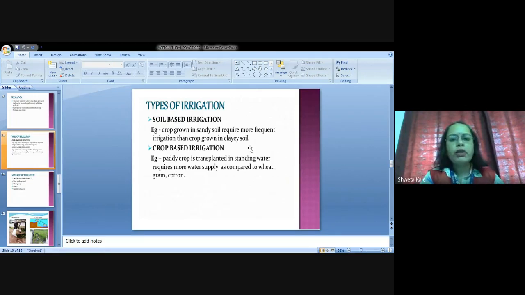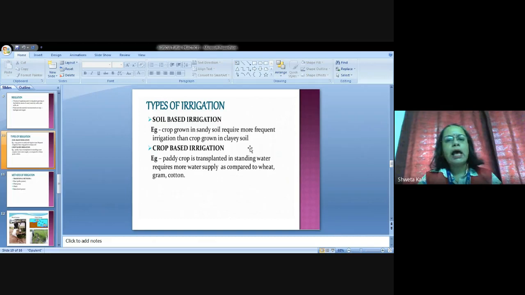The types of irrigation depend on the quality of the soil as well as the quality of the crop. Soil based irrigation: mainly we know that there are two types of soil, sandy soil and clay soil.